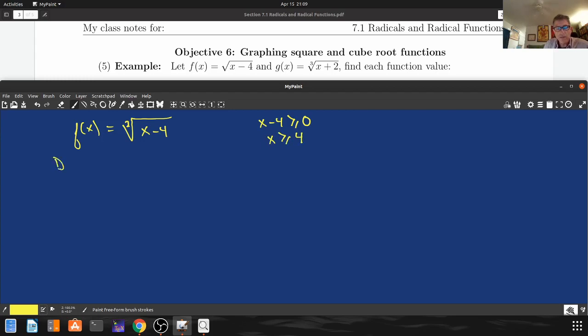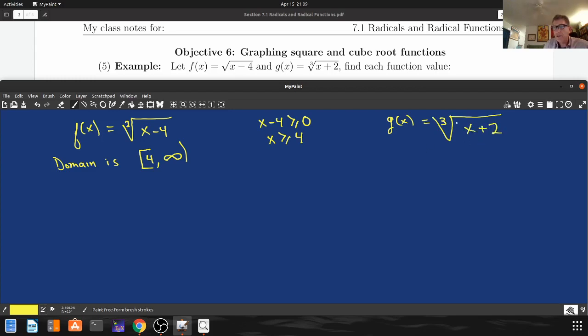So the domain of this function is all values greater than or equal to 4. And over here with g of x, that's equal to the cube root of x plus 2.